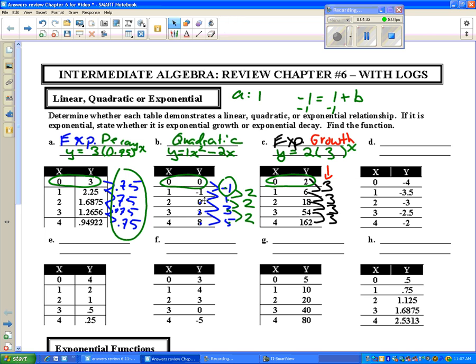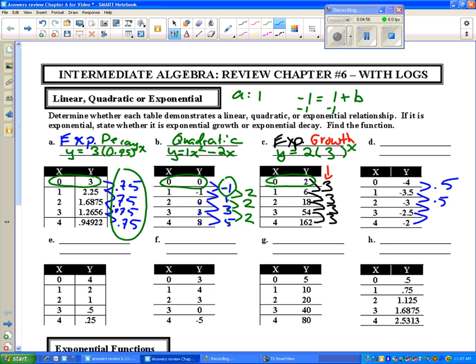Letter D, if I look at this, negative 4, negative 3.5, negative 3, negative 2.5, negative 2, it's going up by the same amount. So my difference: negative 3.5 minus a negative 4 is 0.5. Negative 3 minus a negative 3.5 is 0.5.